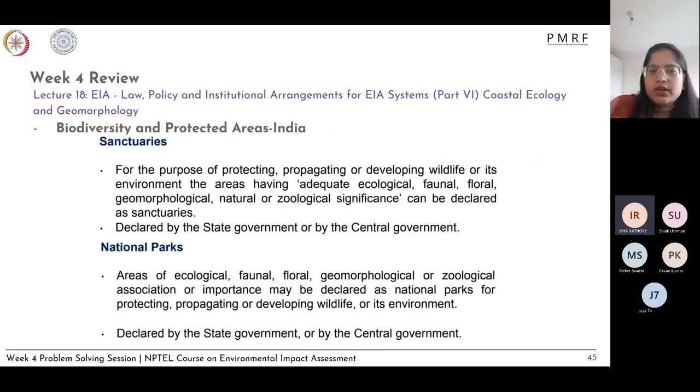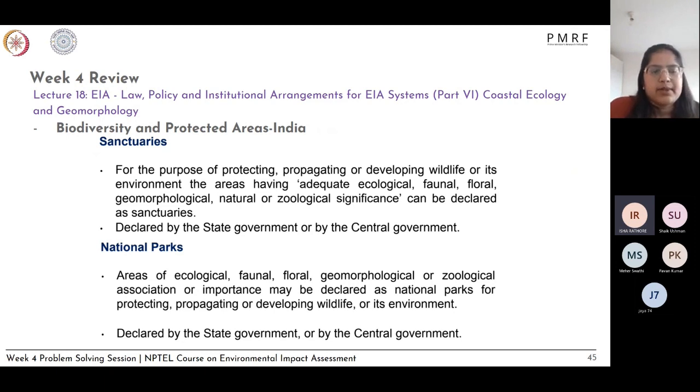So we now look at what the definitions of these protected areas are. We have sanctuaries. Sanctuaries are for the purpose of protecting, propagating, or developing wildlife or its environment, and areas which have adequate ecological flora, fauna, geomorphology, or natural or geological significance can be declared as sanctuaries.